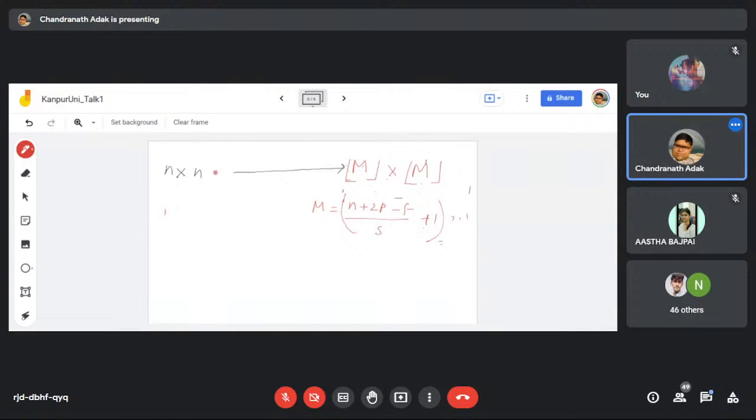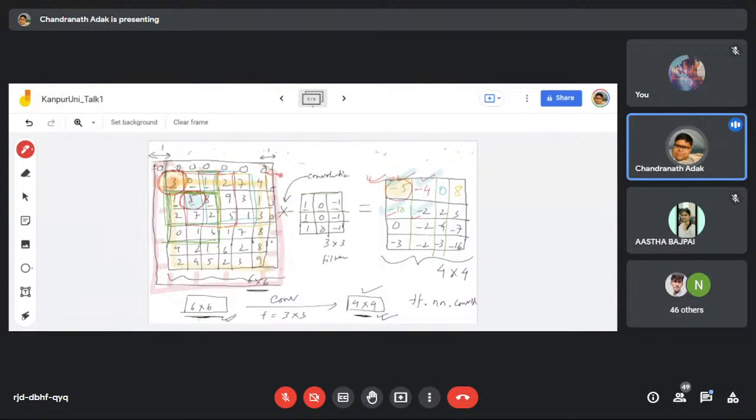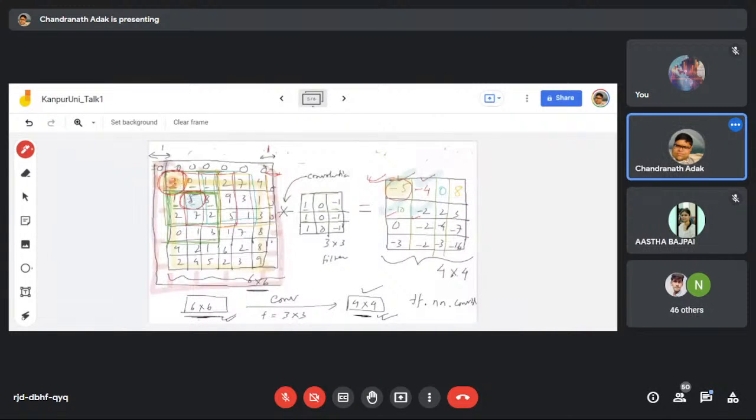In the previous example, p is the padding width. If we take p equal to 1, and s is stride, I will come to this. Here s equal to 1. Stride means how much I am sliding the window. At first this box, then I shift one position and take the next 3 cross 3, sliding only one position.